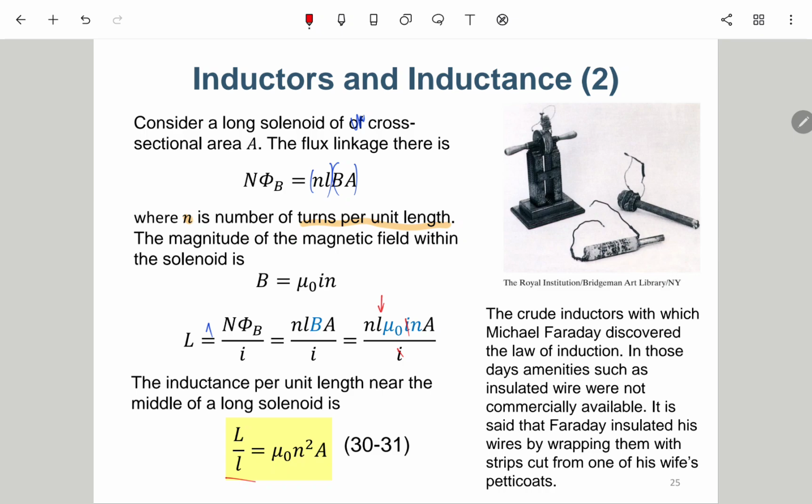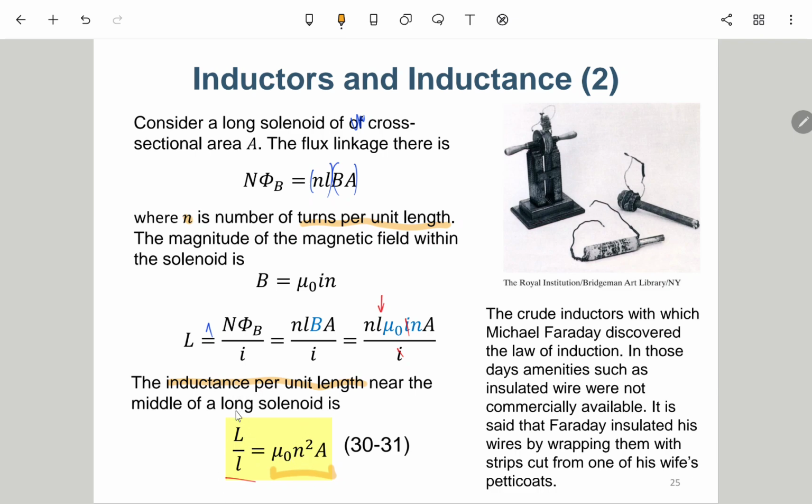The inductance per unit length will be mu0, a constant, 4 pi times 10 to the -7, and then here we have n square, times A. Mu0 is constant, so n square times A gives the inductance per unit length.